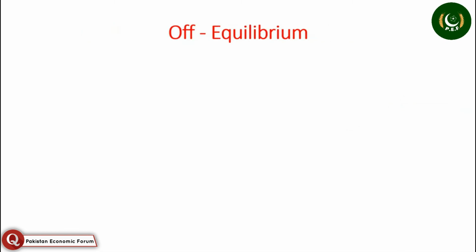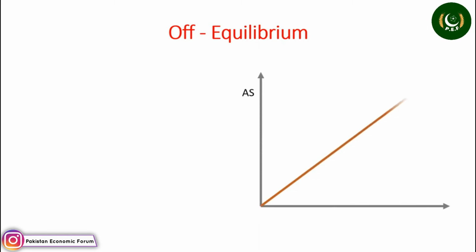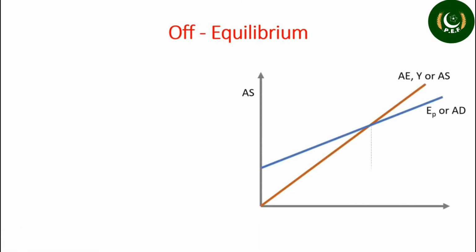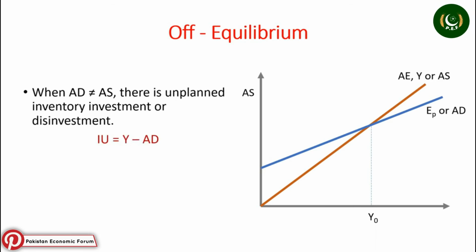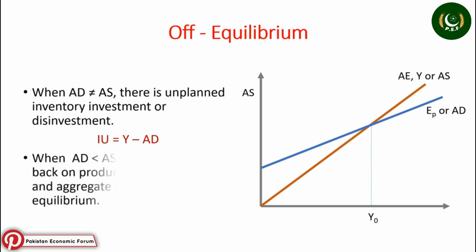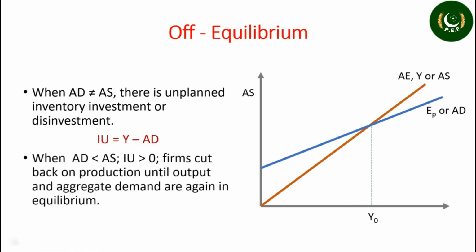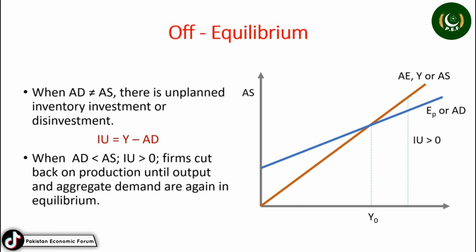Now, what happens off the equilibrium? Students, when aggregate demand is not equal to aggregate supply, there is unplanned inventory investment or disinvestment. When aggregate demand is less than aggregate supply, the unplanned inventories are positive.